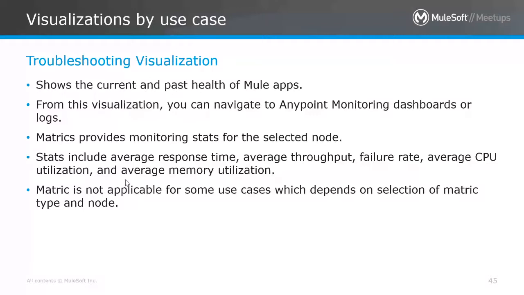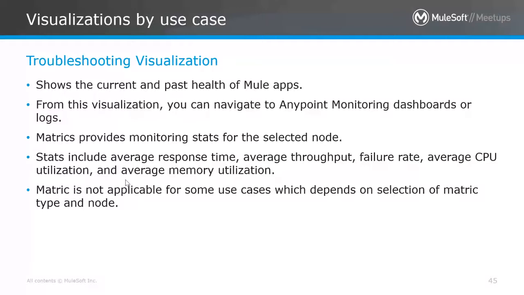For example, if you select average response time as your metric and then select an external traffic node, which is a target system, you will not be able to see the metrics there, because the average response time is calculated for your application, which is the Mule app, and the time it takes to process the payload.